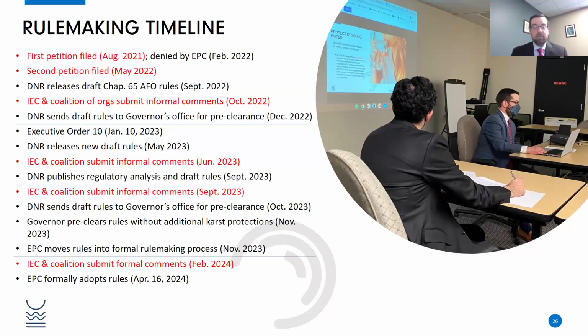But before the governor's office actually acted on that request, the governor came out with Executive Order 10, which imposed a moratorium on all agency rulemaking, not just for DNR, all agencies statewide. It also required that before agencies adopt rules, they go through a cost-benefit analysis, a regulatory analysis process, looking at whether the rules were the least cost or the least burdensome way to move ahead with achieving the goals of the rules.